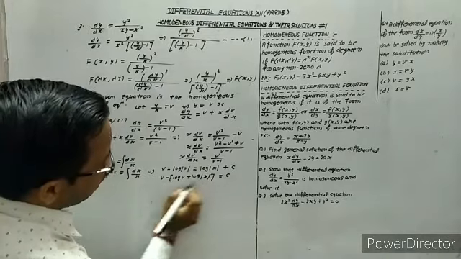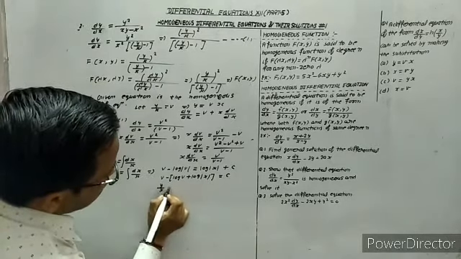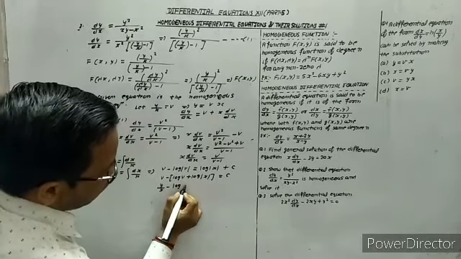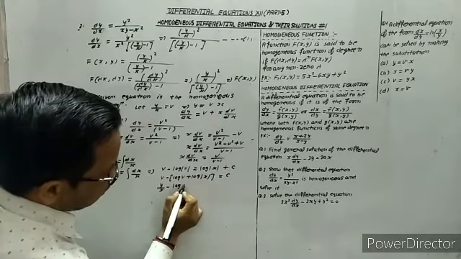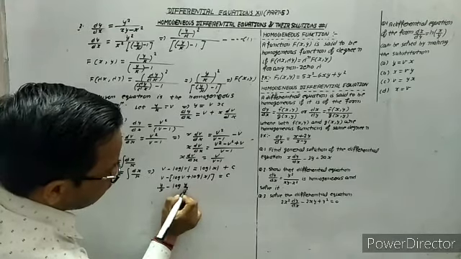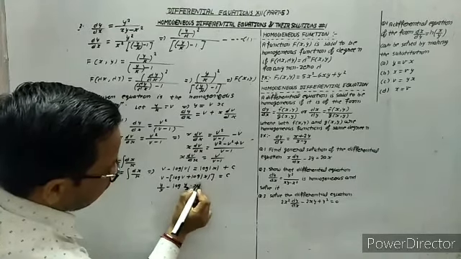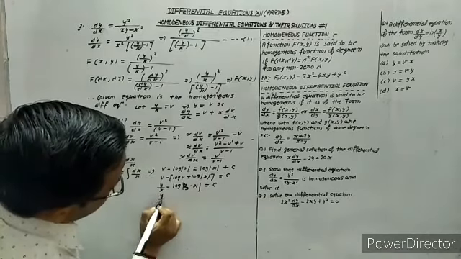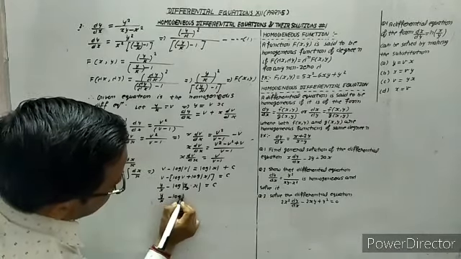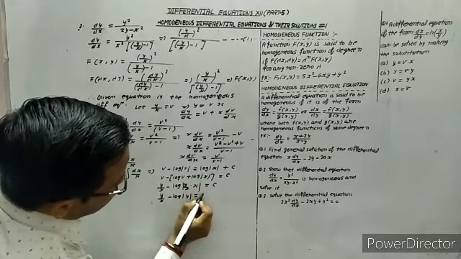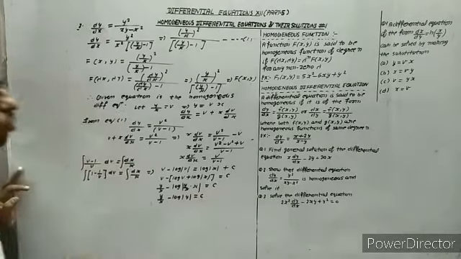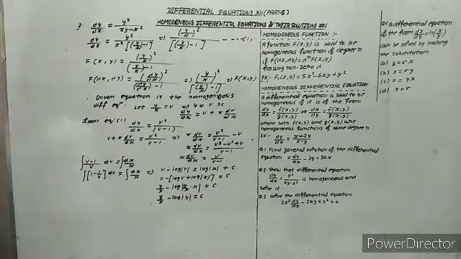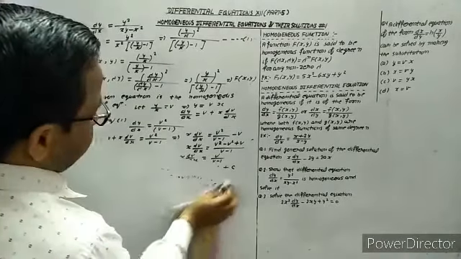It means v, that is y upon x, minus log of v into x is equal to c. It means y upon x minus log y is equal to c, and this is the solution of this differential equation. So in this way we have to solve the equations.